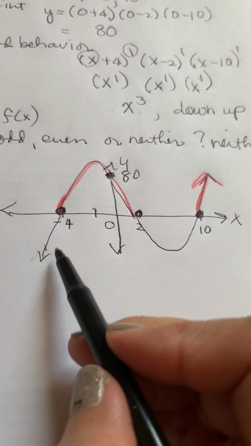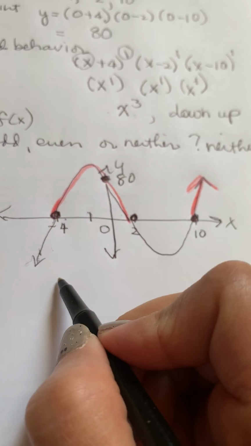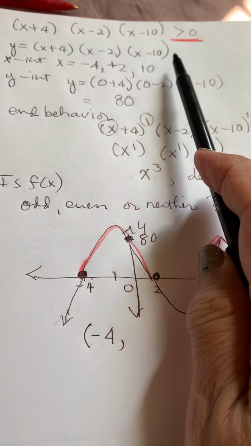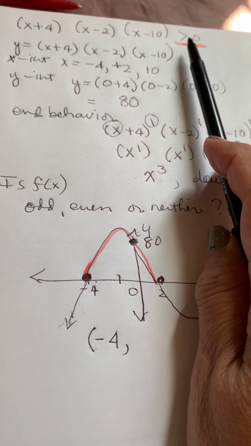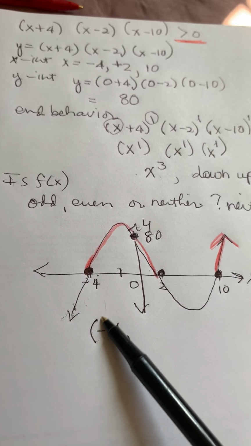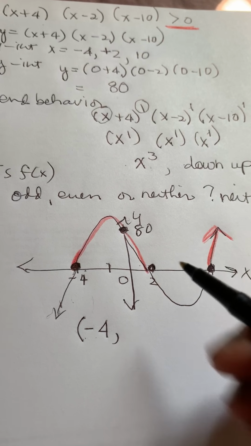So that would be the interval between −4 and 2. Like I said, it's open because −4 is not included. When x is −4, substitute it there, y will be 0, and 0 is not greater than 0. If there is an equal sign, then you will use a bracket there.